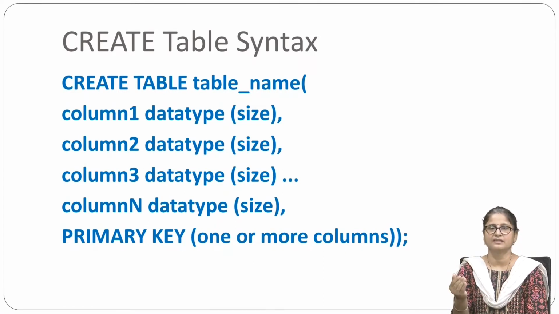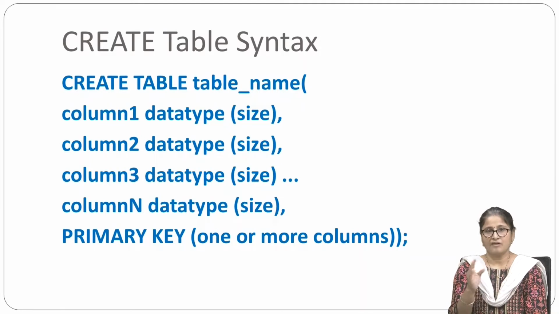Suppose we are creating the student table; we have to analyze which kind of fields it can hold: student name, student roll number, student address, mobile number and email ID. All these are considered field names.